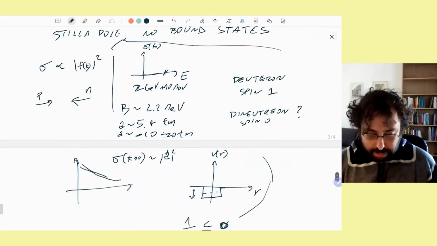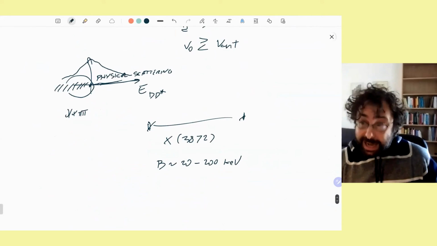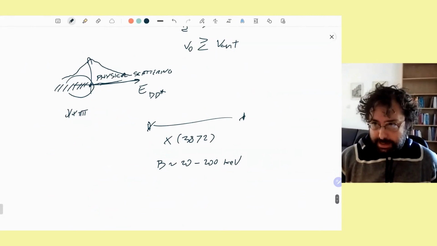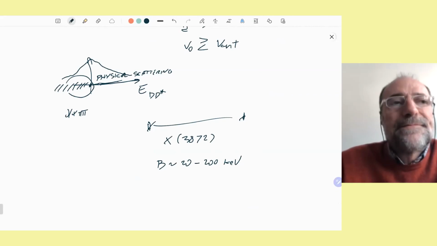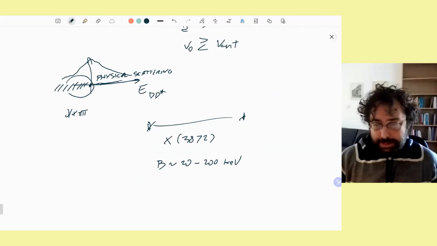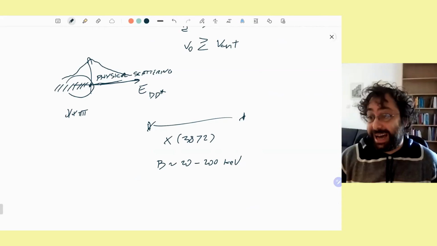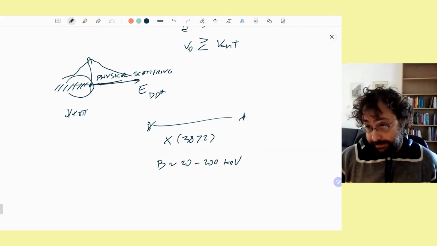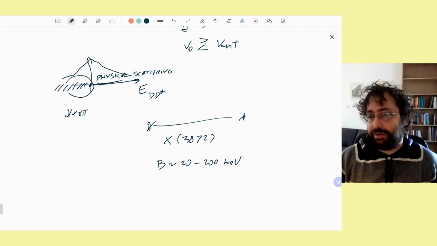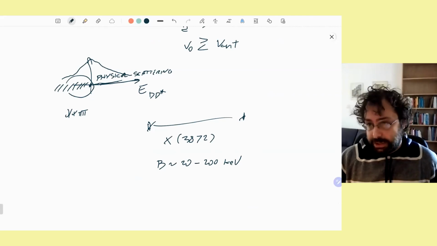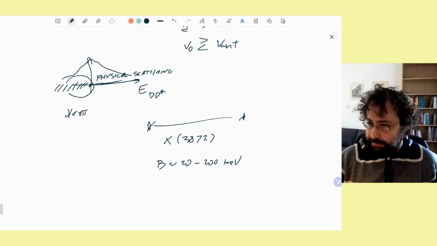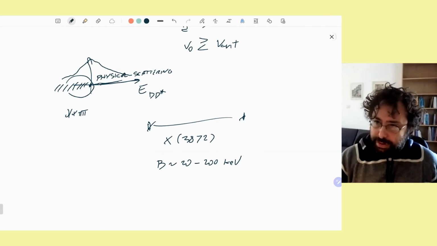What you're sensitive to is the presence of a hard core, and this is the content of Mayani's lecture. Because a hard core gives you terms of order k squared, but with a large coefficient. All the rest that are related to the details of the potential are suppressed, so you're not sensitive to those.